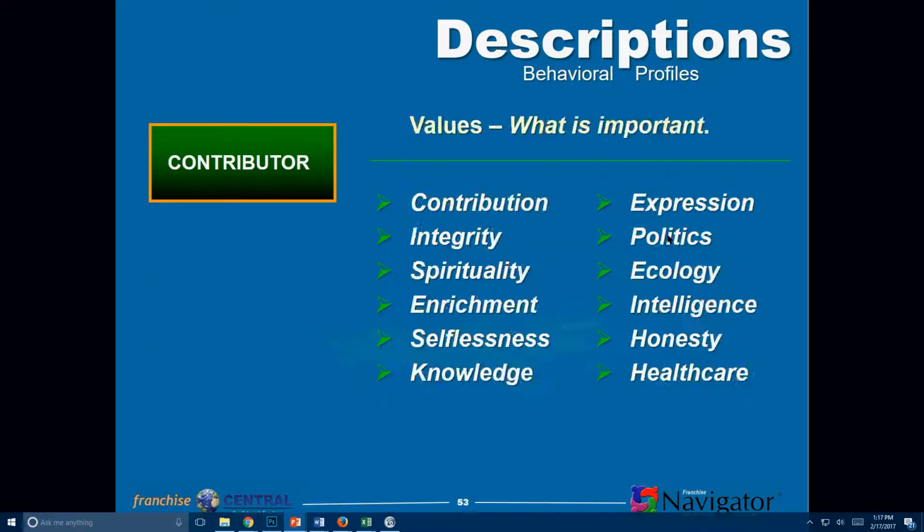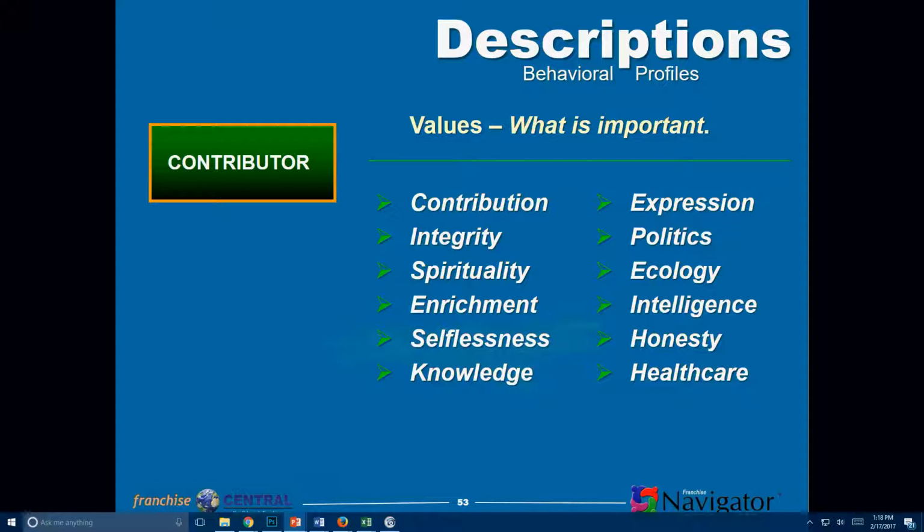So if we move on, what's important to them is contribution, integrity, spirituality. So an educational franchise, when we did the profile for Primrose Schools, the contributor was a very significant part because it has to be somebody that's very interested in contributing. They love enrichment. They're very selfless.